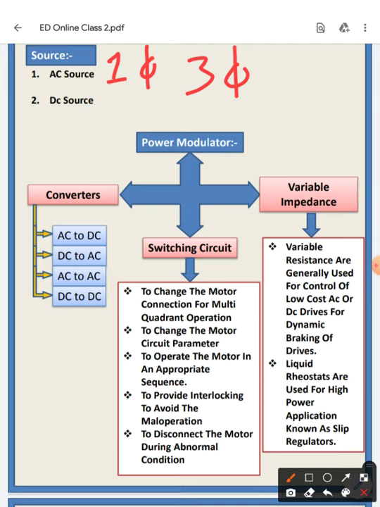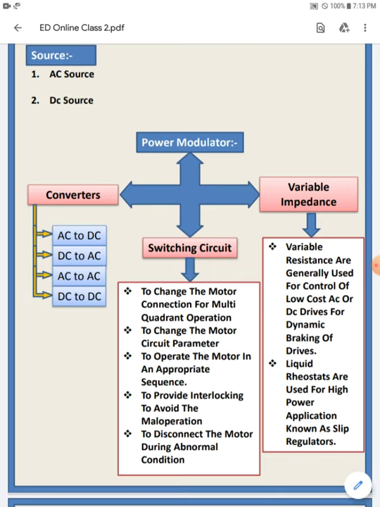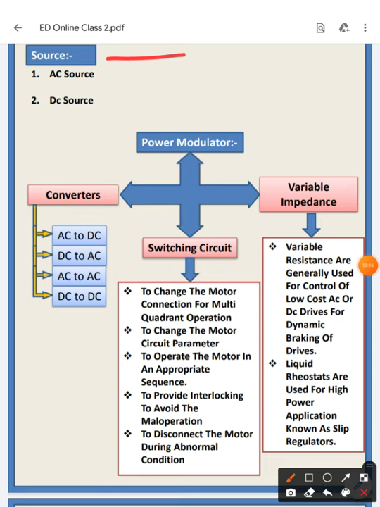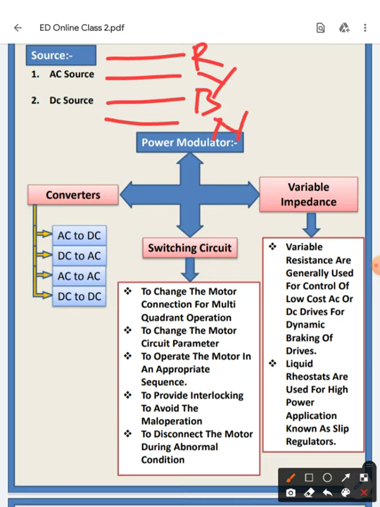In single phase we have a two-wire system, that means one phase line and one neutral line. In a three-phase system you have three wires and one neutral terminal. The first one is the R phase, the second is the Y phase, the third is the B phase, and the last one is neutral. So there are two kinds of connection.